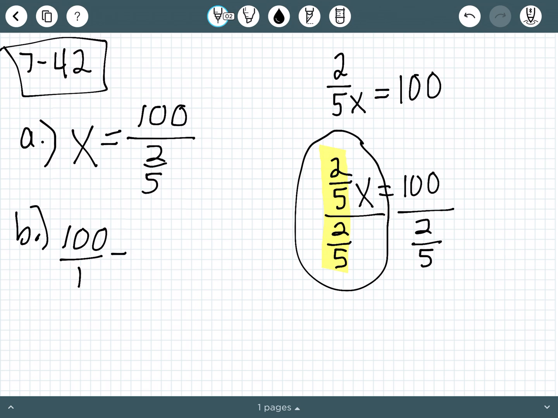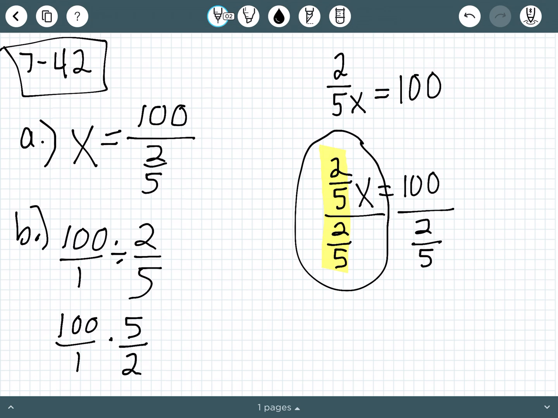And remember, when I am working with fractions, if I am dividing by 2/5, one method I can use to solve is I can take my 100 and multiply by the reciprocal, which is 5 halves.